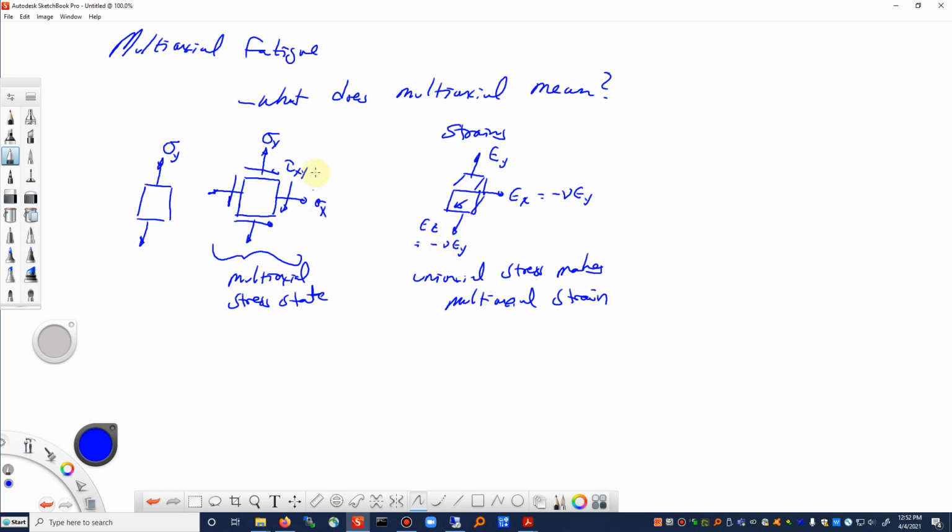But when we have complicated stress states like this, we could have even more complicated strain states. Now, another thing that people often throw out, using the word kind of interchangeably with all these different scenarios, is multiaxial loading.